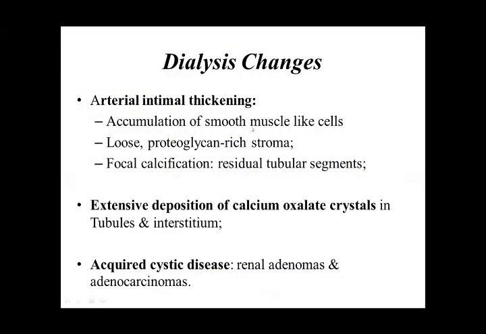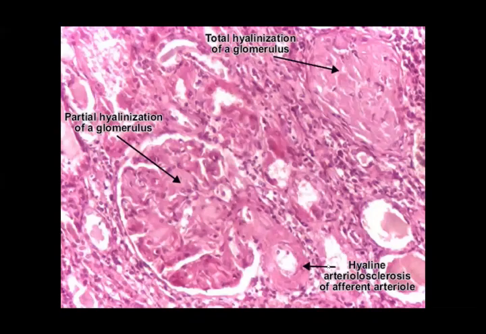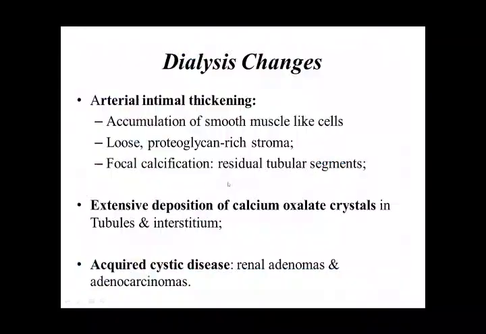Smooth muscle cells are present in arterioles anyway, but this is not a smooth muscle cell, it is a smooth muscle-like cell. Loose proteoglycan-rich stroma, we have seen that, and in this arteriole we see areas of calcification. There are pink areas of calcification as well. Residual tubular segments are there.